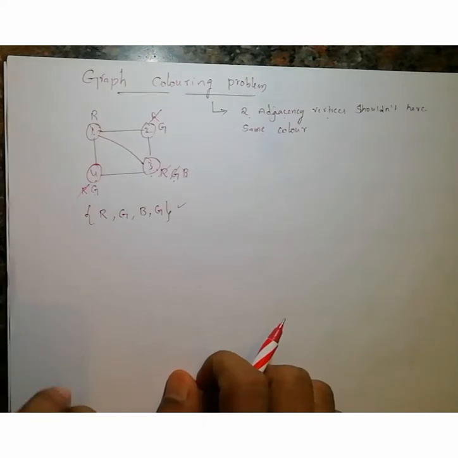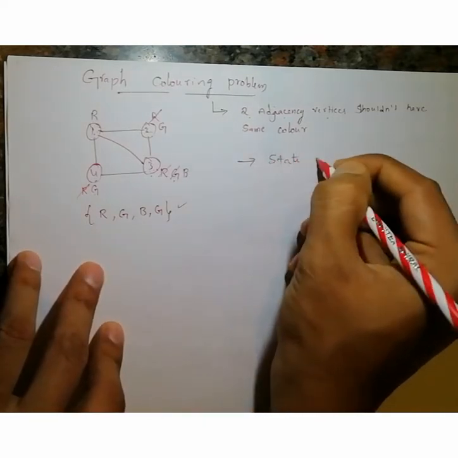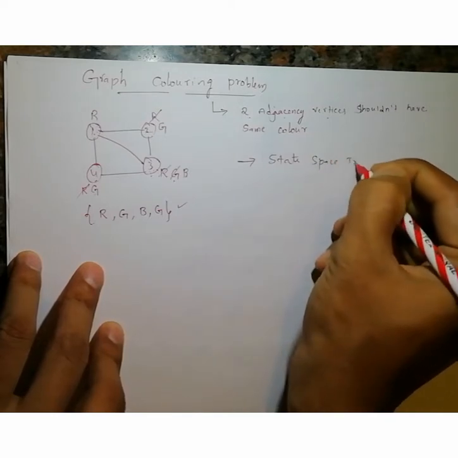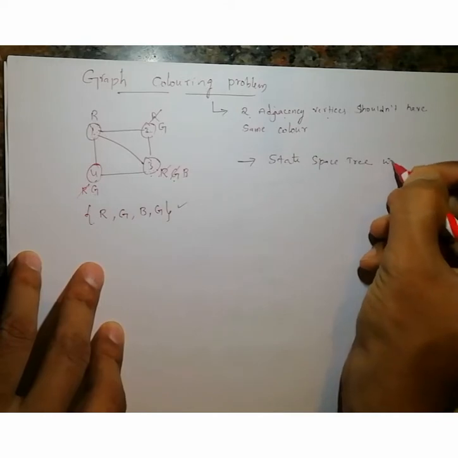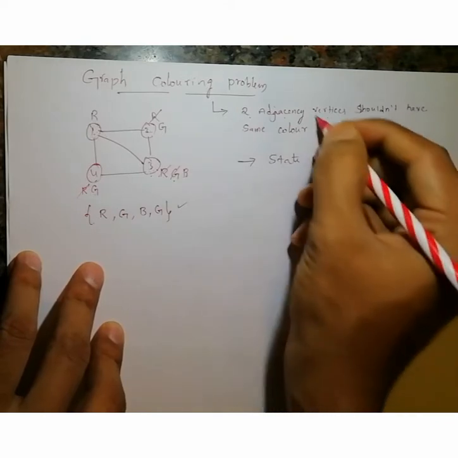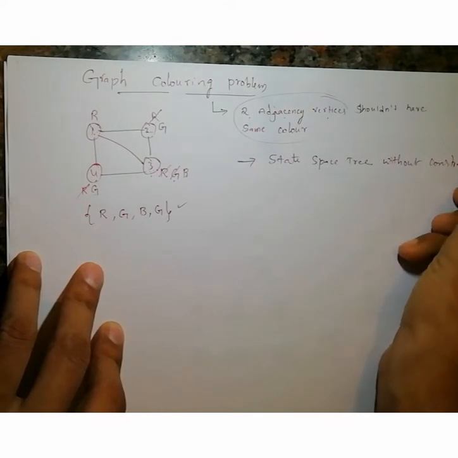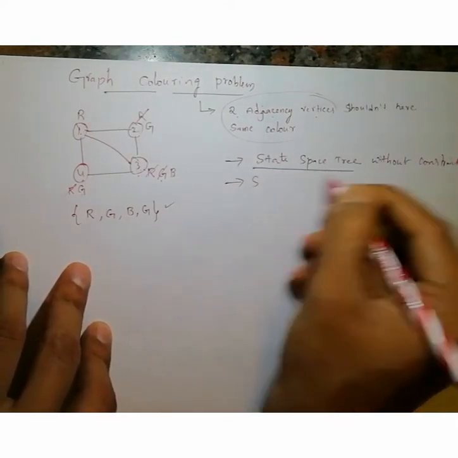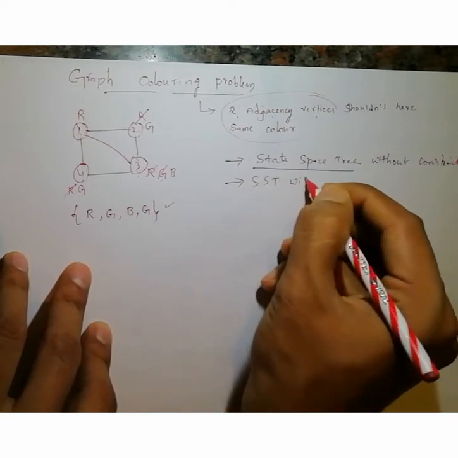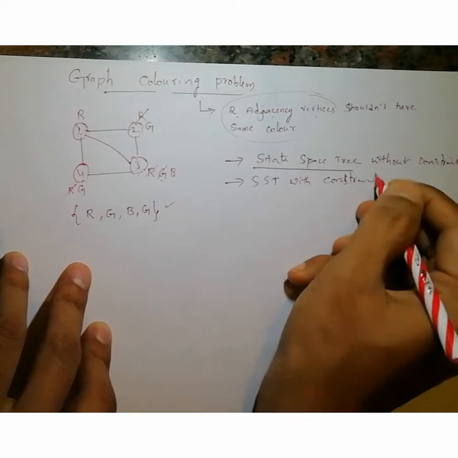So first we will construct a state space tree without taking any constraints, without this constraint. Okay, without constraint. And again we will write the state space tree with constraint. Just we will see.